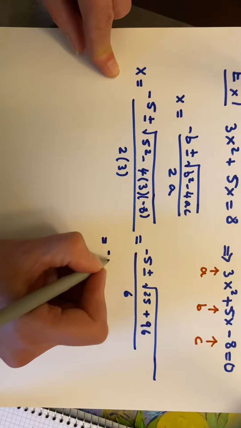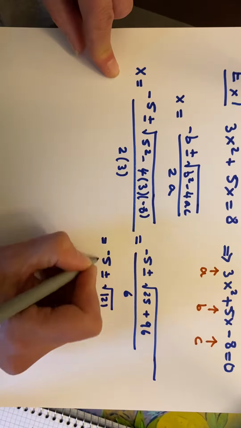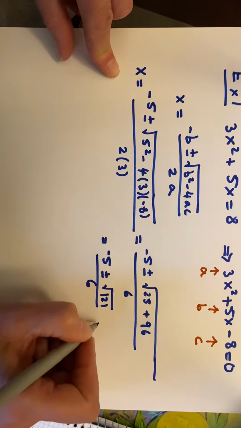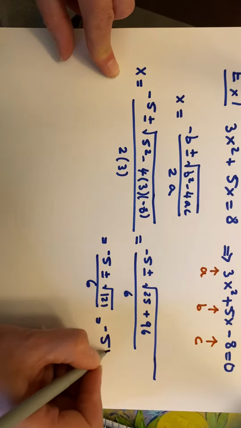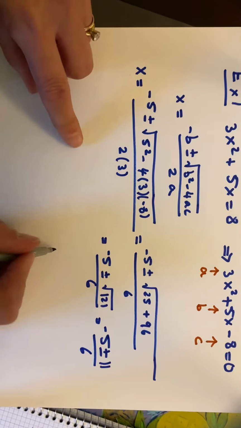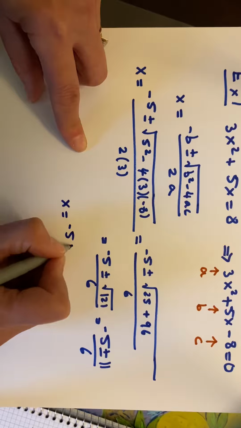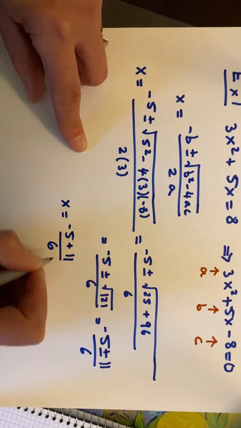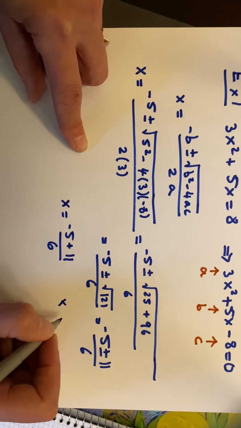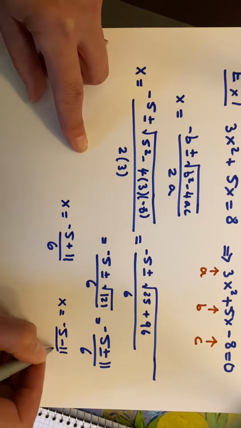So I get negative 5 plus or minus the square root of 121 over 6, which equals negative 5 plus or minus 11 over 6. So I have two possible answers. I have x equals negative 5 plus 11 over 6, and I have x equals negative 5 minus 11 over 6.